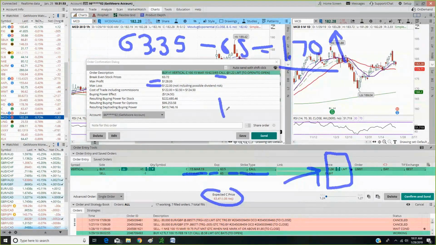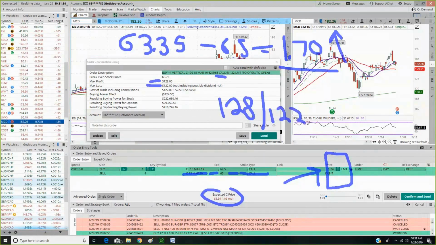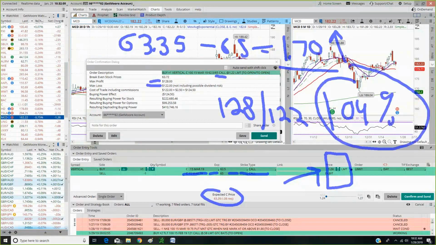And if you divide 128 by 122, that is a 104% return.